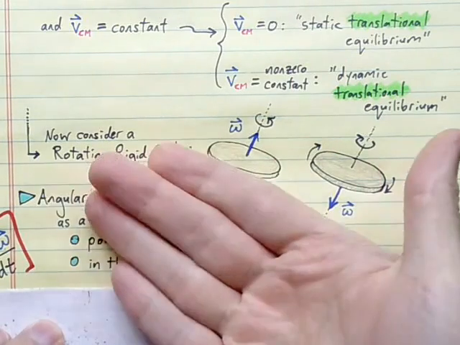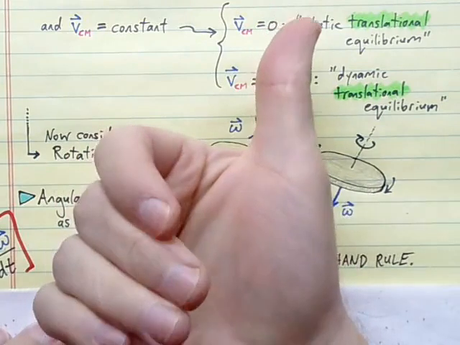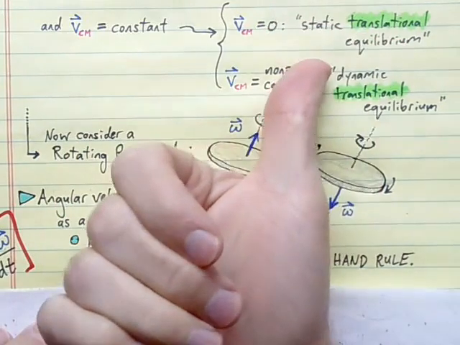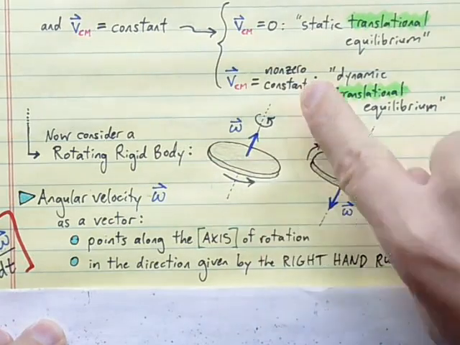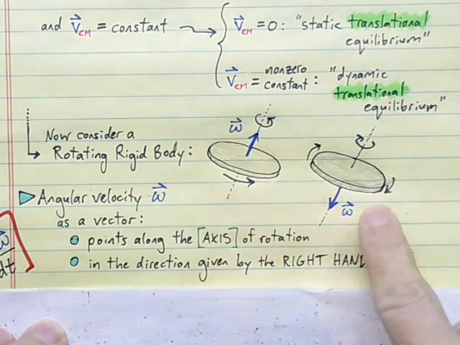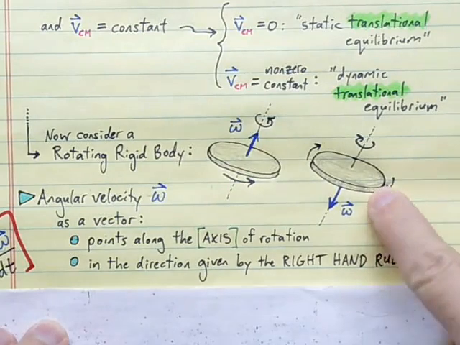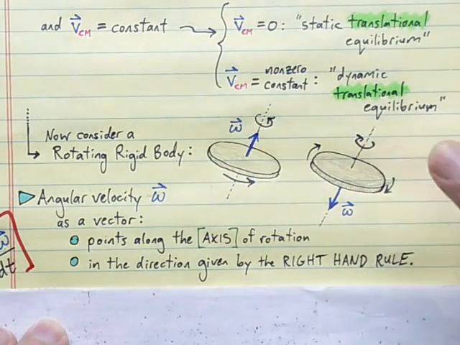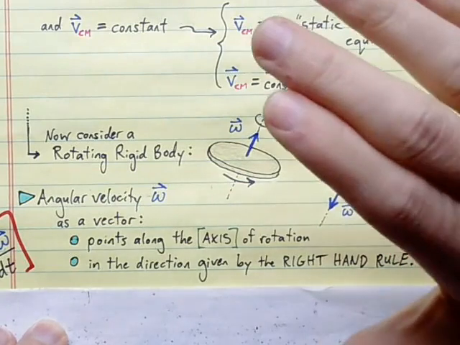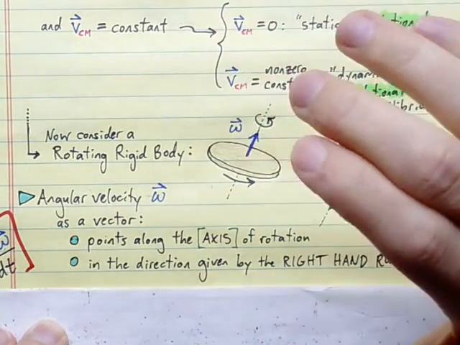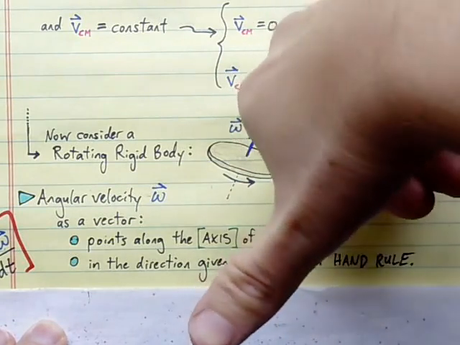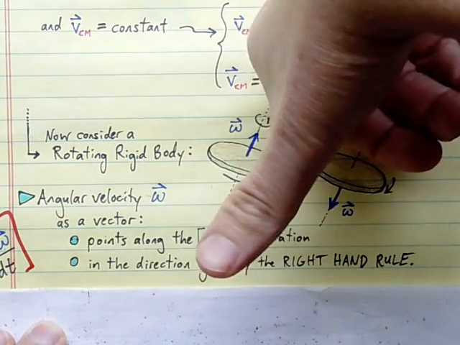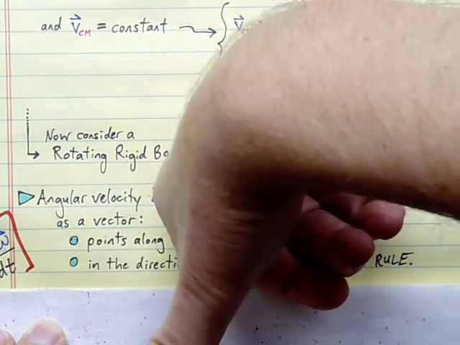So if we're rotating this way around the axis, then the thumb points up like that, and your omega vector points in that direction. If, on the other hand, we reverse the direction of the rotation so that the disk is spinning the other way, then grab that axis with your fingers curling in the direction of the rotation, and your thumb will point in the direction of omega, down that way.